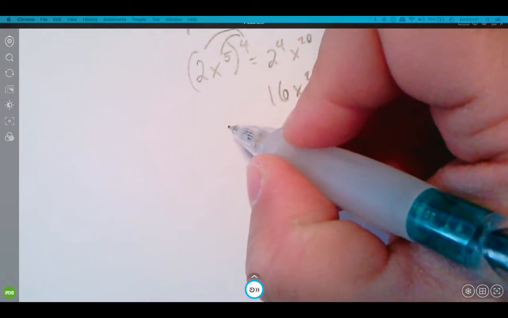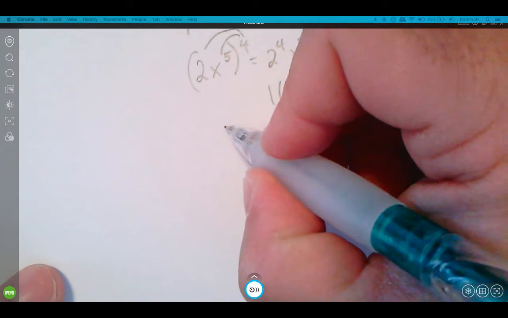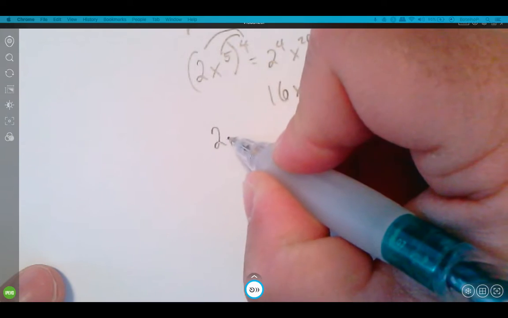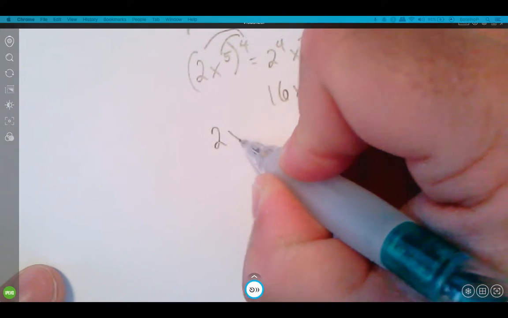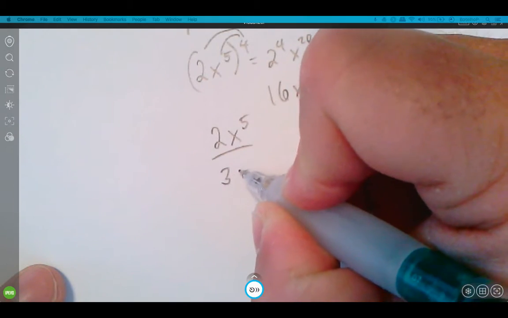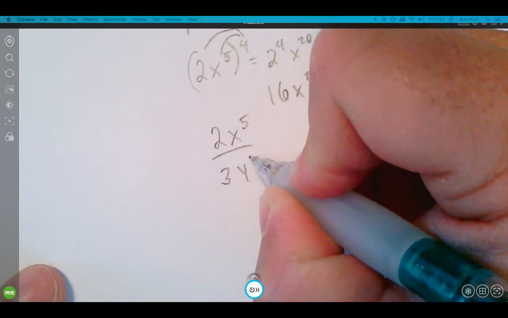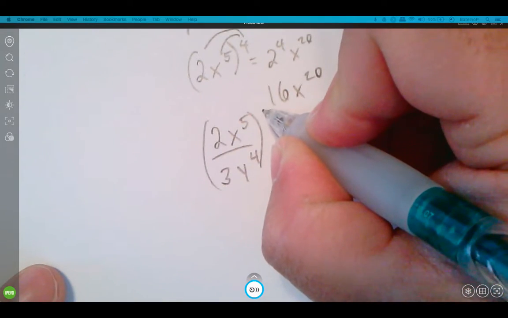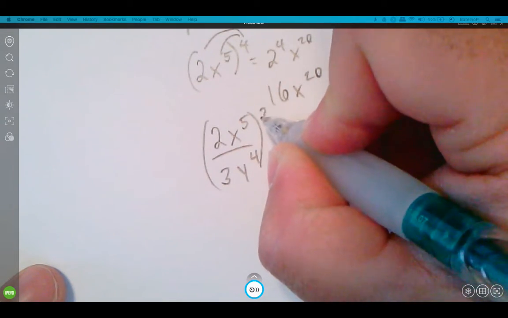Same thing with the quotient rule to a power. So say you have, I'll keep 2 going, 2x to the fifth, and then maybe 3y to the fourth, all raised to maybe the second power.